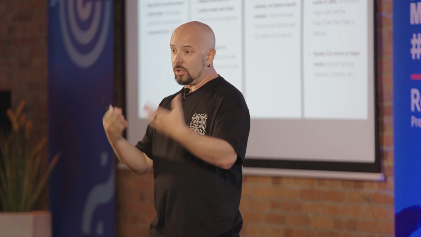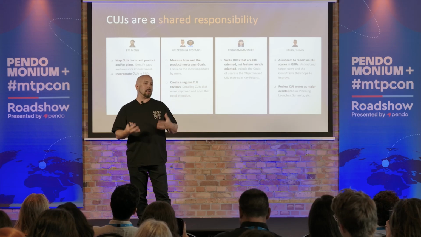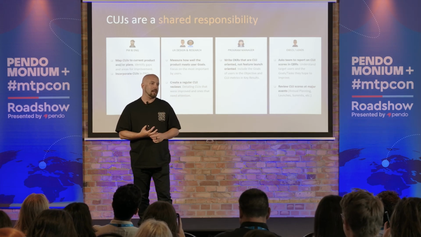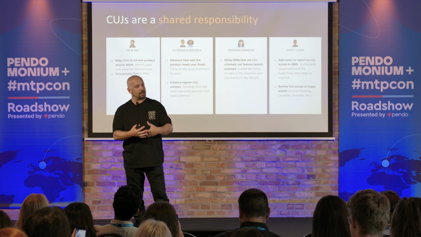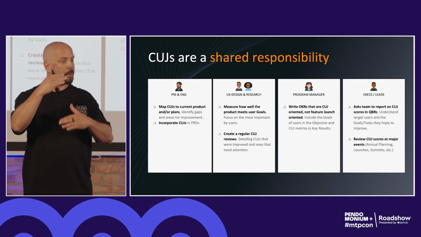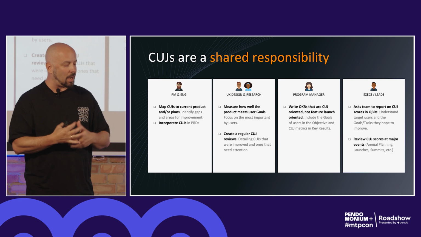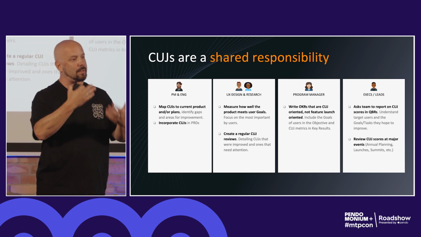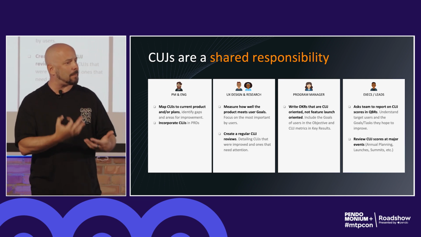CUJ is meant to change the way you develop products. It's meant to change the way you look at users. And it can only be successful if all the disciplines use them together to change the process, right? So you have PM and Eng who need to map the things they're working on to CUJs, incorporate the CUJs in PRDs and success measurement.